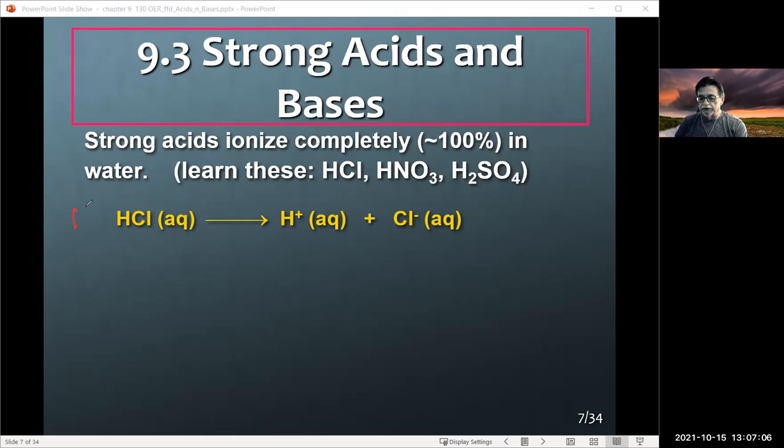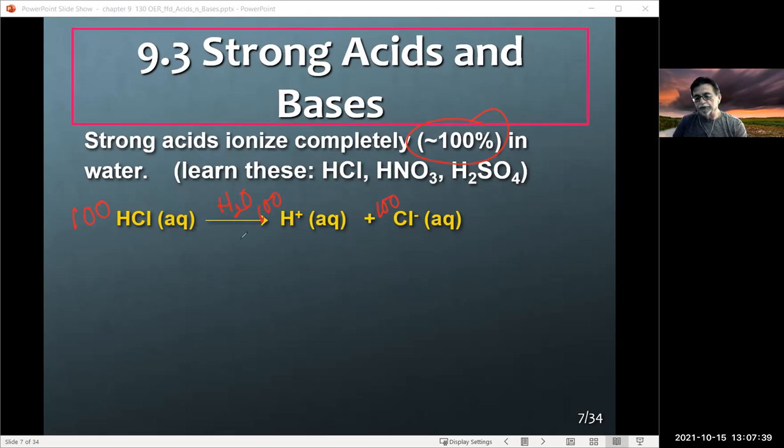If I have 100 molecules of hydrochloric acid, and I dissolve it in H2O, I put that in the arrow to show it's going in solution, I will make 100 protons, and I will make 100 chloride ions, okay? And that's what we mean by dissociating completely. There wouldn't be any HCl left over that's still combined and together.